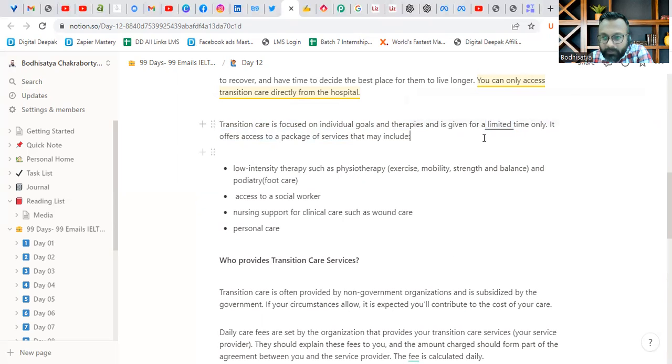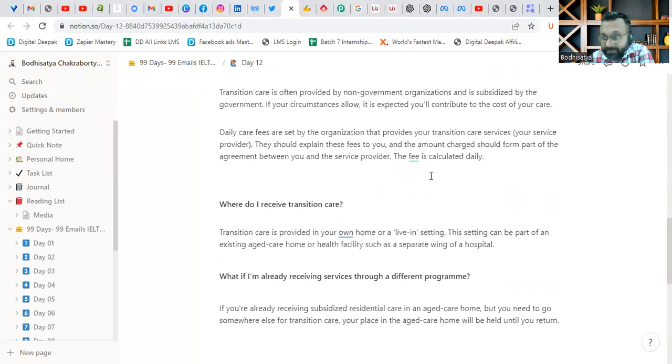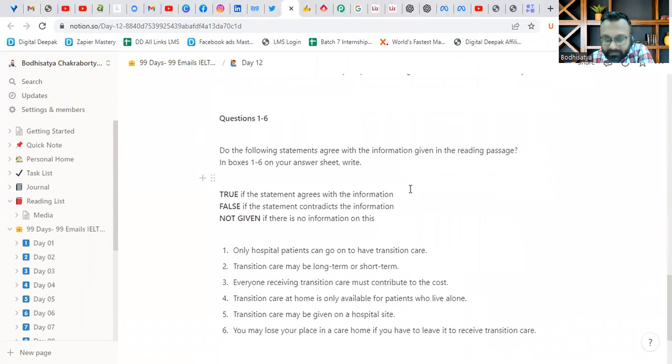It is given only for a limited time. It is not for a long-term basis. It has a defined time period. So transition care may be long-term or short-term, which is not true. So the answer is false.